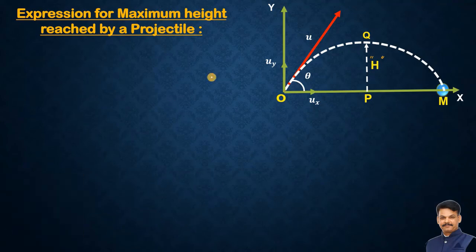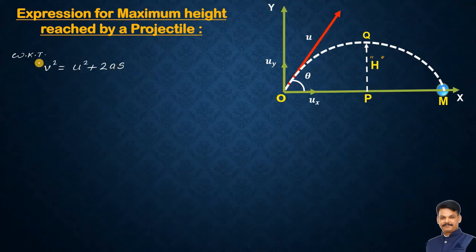Okay, hence, to get the equation for this H, yes, we need to make use of one more equation of motion. Already we have used two equations of motion in our previous two discussions. So here we are going to make use of one more equation. We know that from the equations of motion, V square is equal to U square plus 2AS.